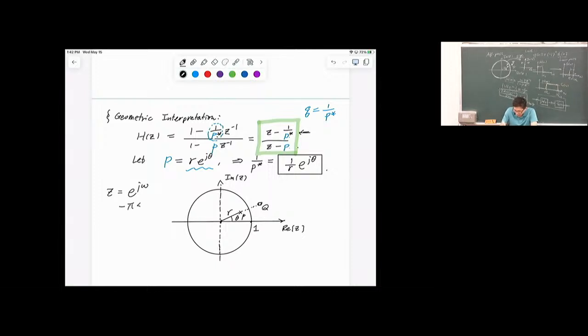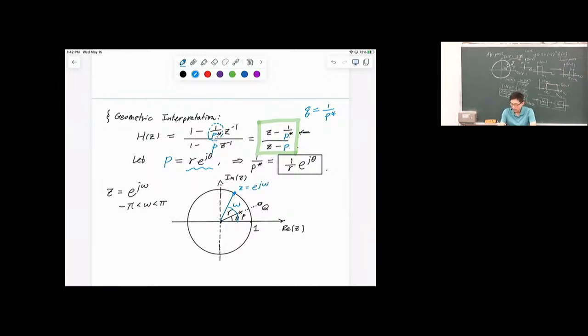You know that. Let's just randomly pick an omega. For this omega right here, this is the angle of omega, and z is right here. z equals e to the j omega.